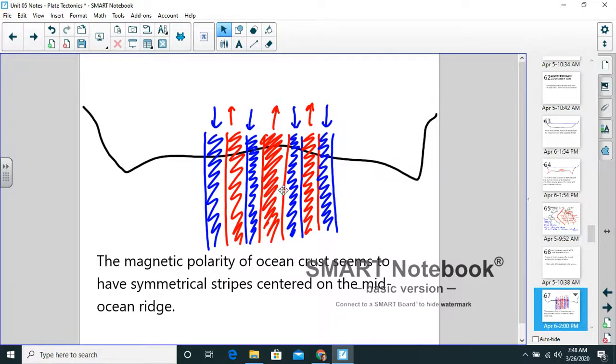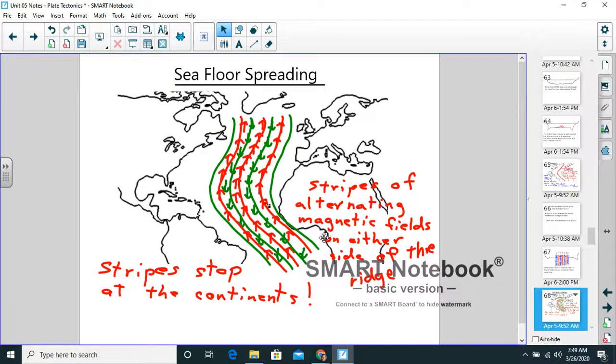Now, again, if you're a scientist and you see this, like, wow, this is something new. Why would this be? What's going on here? This is trying to give another picture. So that last one, I was trying to give you a profile of the ocean. So here is using North America, South America, Europe, and Africa again. And this is just an example diagram.